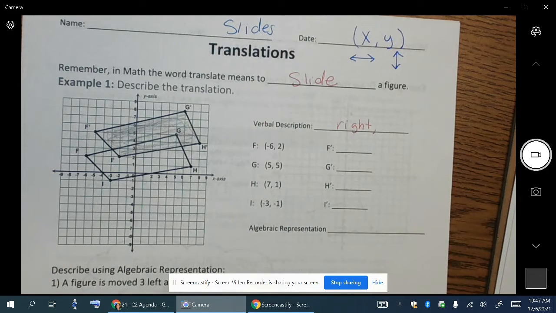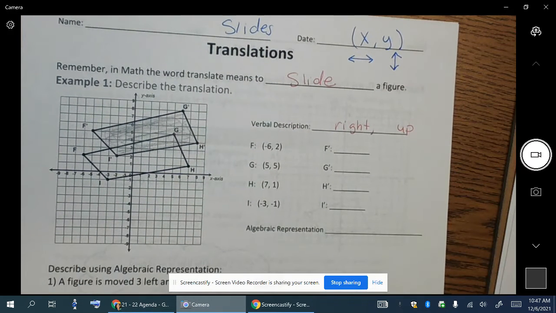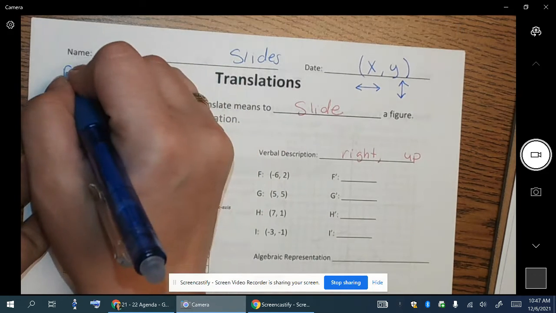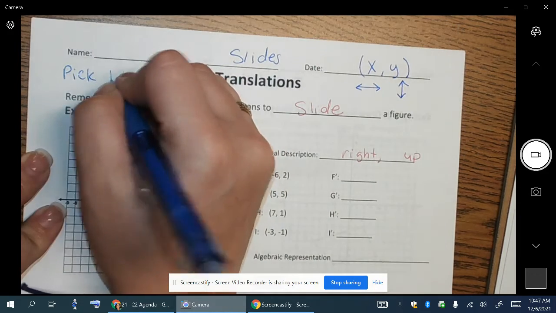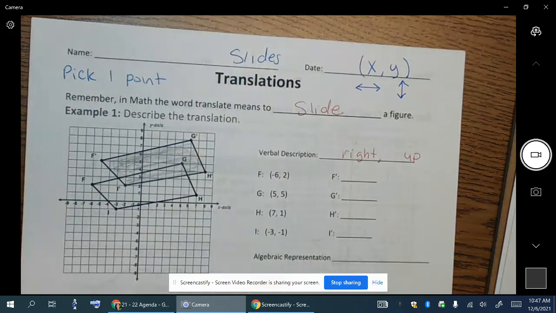Now it also went what with the y values? Up. So we went to the right and up. Now, not only do you need to know directions, you need to know how many places. So what you want to do is pick one point. You got to pick one point and stick with it. Y'all want to do F, G, H, or J? F. Okay.